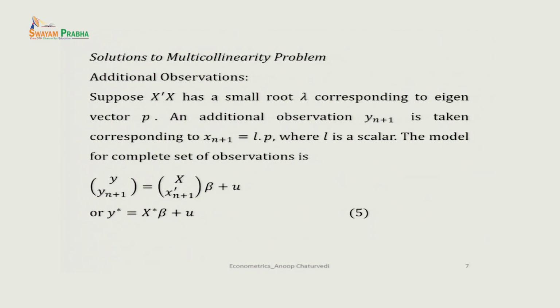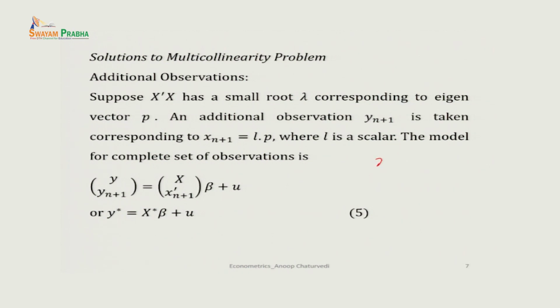Now, we consider solutions to the multicollinearity problem. The first possible solution is additional observations. So, suppose x transpose x has a small root lambda corresponding to eigenvector p. Then suppose you take an additional observation y n plus 1, say corresponding to x n plus 1 equal to L p.